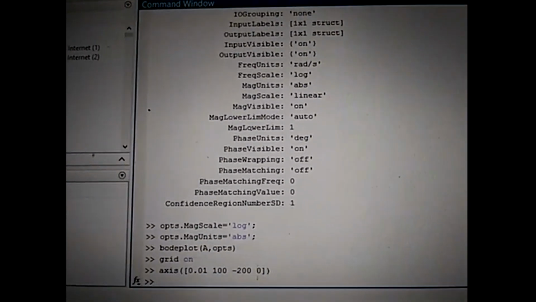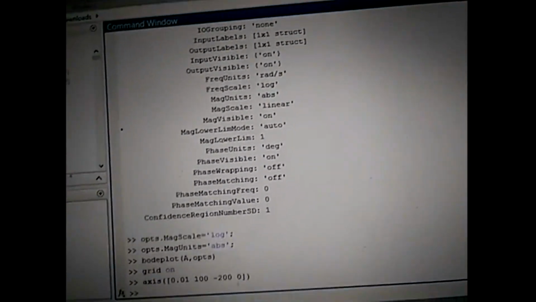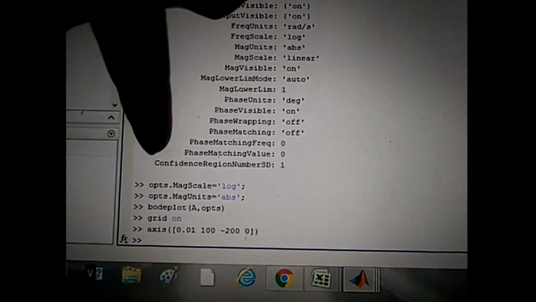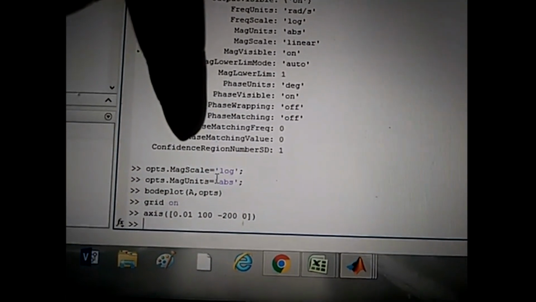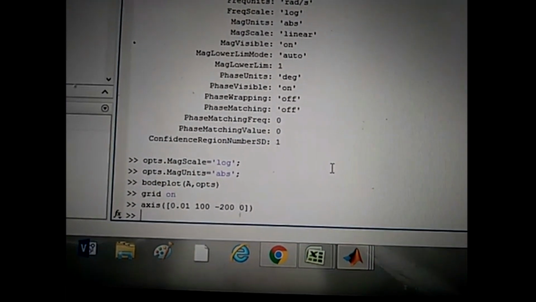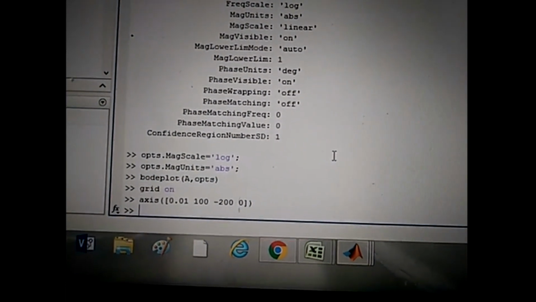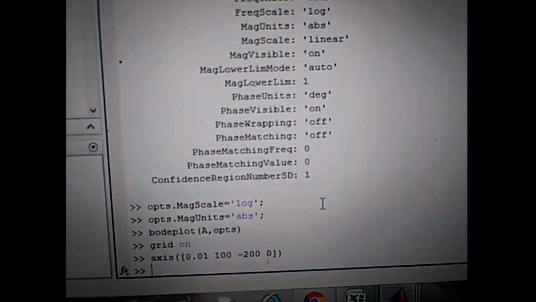And lastly, to plot the Bode plot, we input bodeplot, bracket A comma OPTS comma, and then grid on, axis so that the x-axis will have a scale of 0.01, 100, and the y-axis negative 200 and 0.